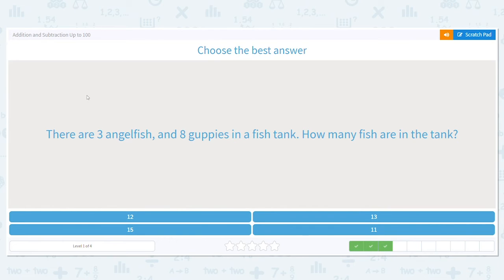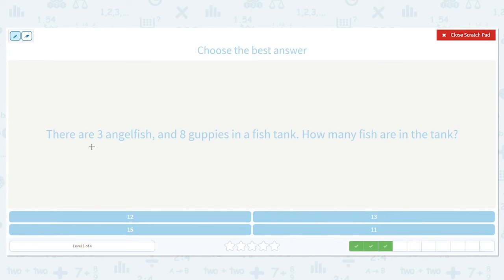Next, so choosing the answer. There are 3 angelfish and 8 guppies in a fish tank. How many fish are in the tank? Okay, 3 angelfish, 8 guppies. How many means, what does that phrase mean? That means we're adding. Good. Okay, so what are we adding? 3 plus 8 equals.